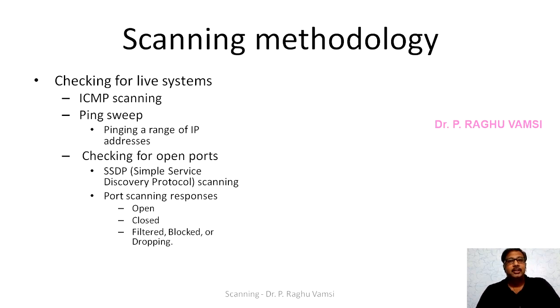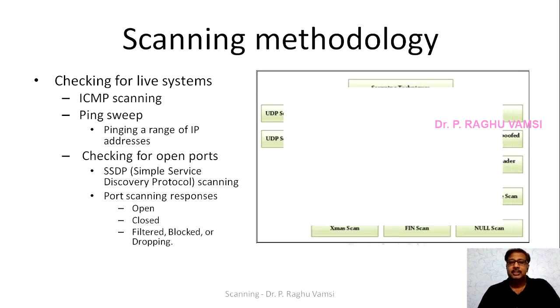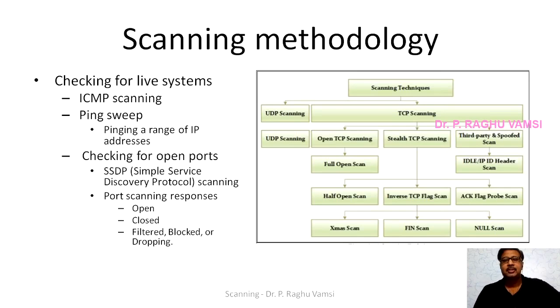In the network scanning methodology, this is the standard methodology and these are the scanning techniques that we are supposed to follow. The scanning techniques are broadly classified into two categories: UDP scanning and TCP scanning. In TCP scanning, there are open TCP scanning, stealth TCP scanning, and third-party spoofed scanning.